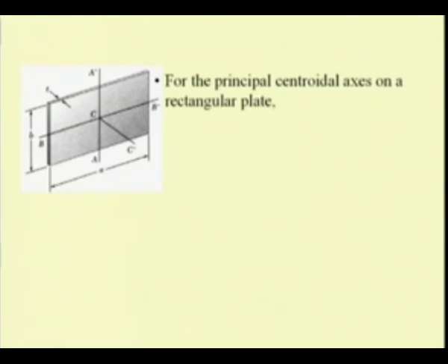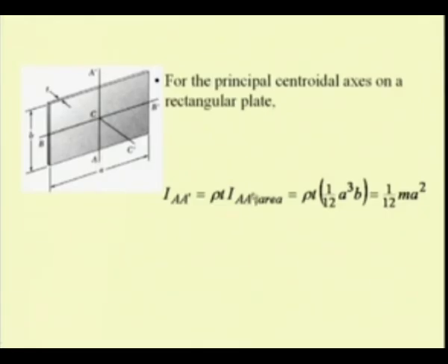We have C, the centroid, and this centroidal frame A prime, B prime, C prime. The thickness of this rectangular plate is T, and the other two dimensions are A and B. So, we have the second moment of the mass with respect to this axis A prime as rho times T times the second moment of this area with respect to the same axis, that is I prime area.